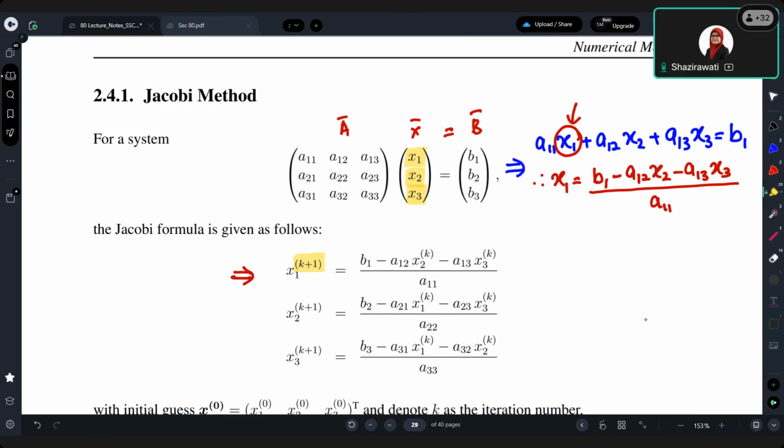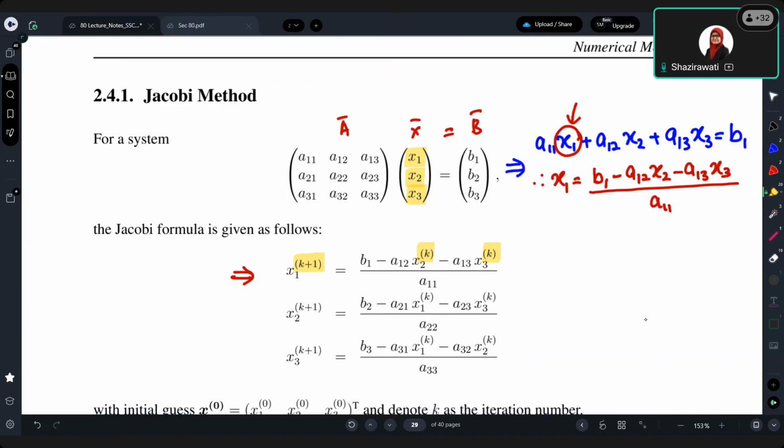On the right side, you put K and K. It means that to get X1 at the current stage, by the formula, it depends on the values of X2 and X3 from the previous iteration. The iteration number on the left side is K plus 1, and on the right-hand side it is K. Current is K plus 1, so the previous is K.